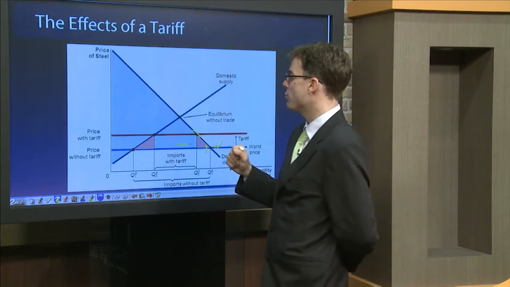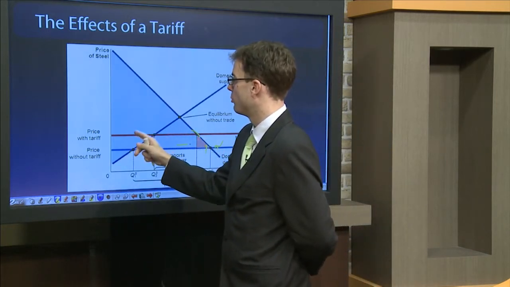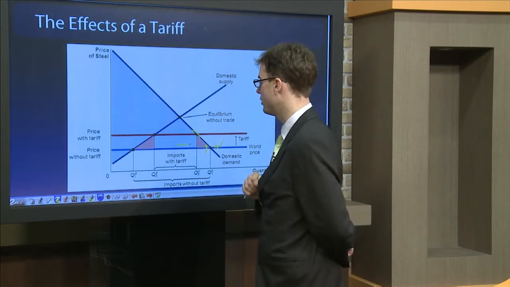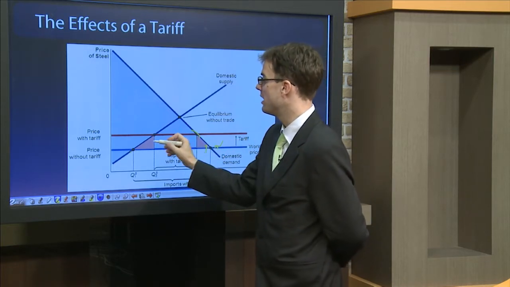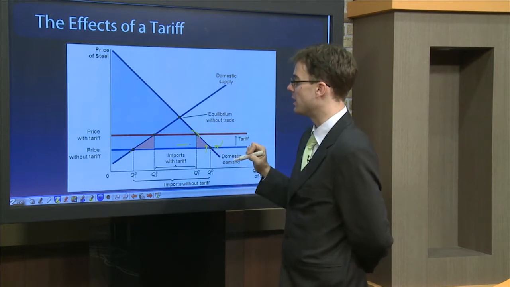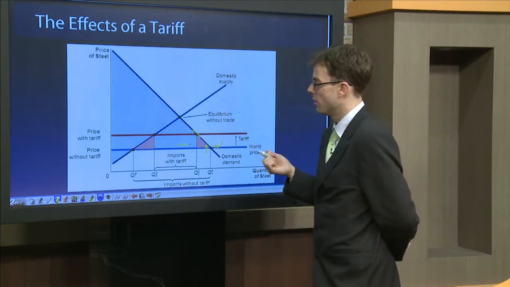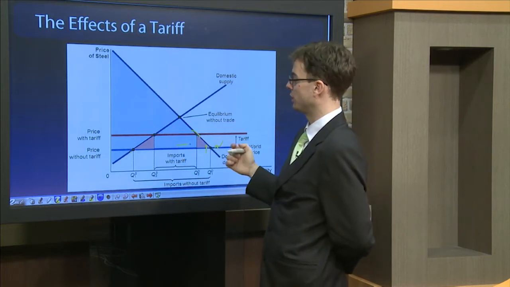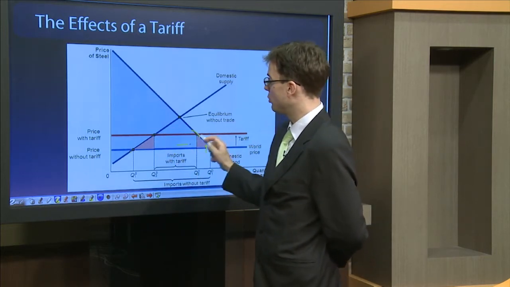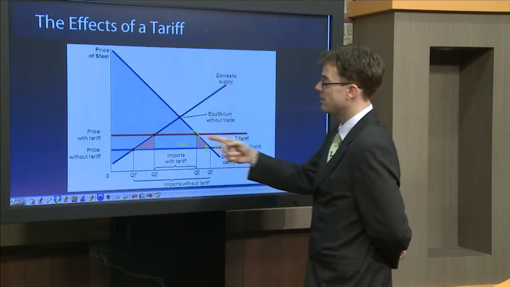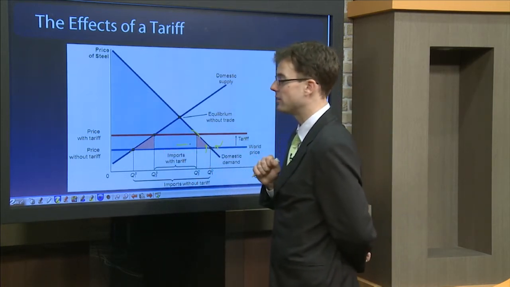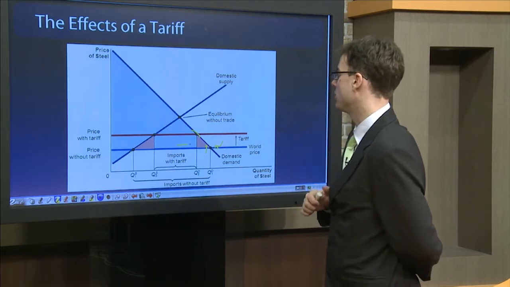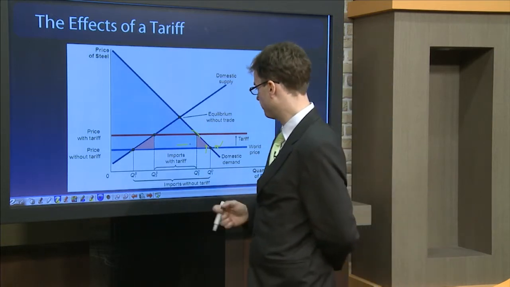Now when we compare the producer surplus, consumer surplus, and the new amount of tax revenues, we would realize that there are two small triangles here which are unaccounted for compared to the free trade solution and the tariff solution. These two triangles disappeared, and we would say that these two triangles represent the deadweight loss from government intervention.